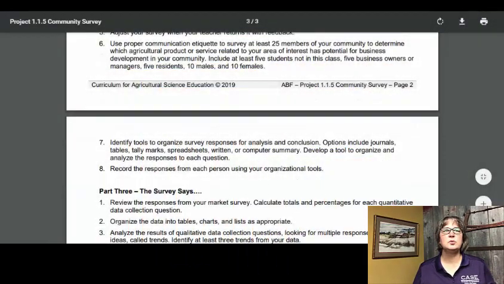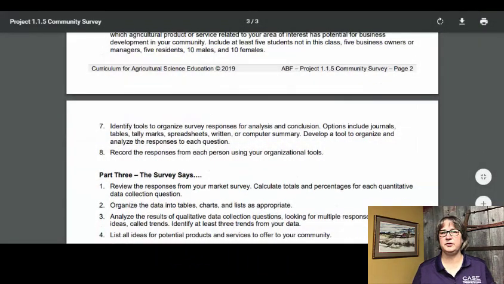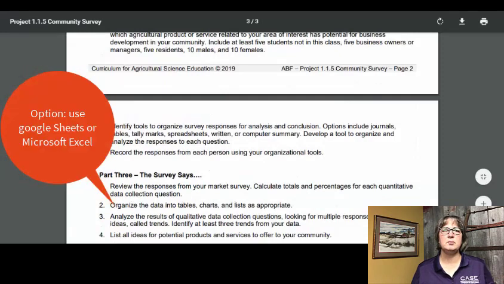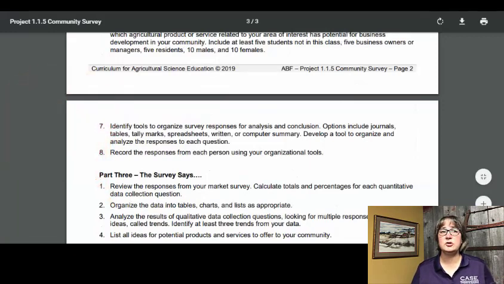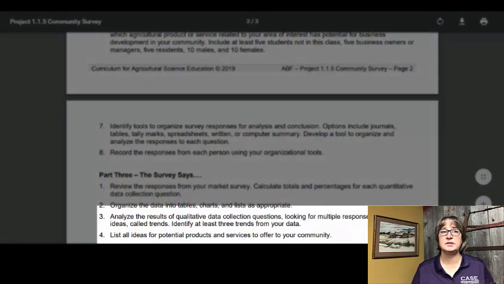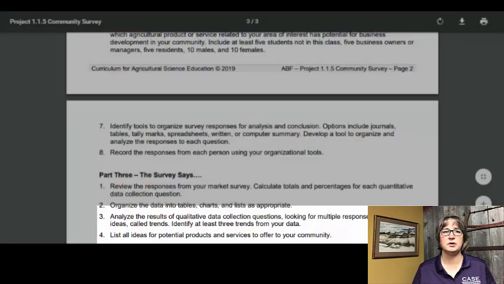In Part 3, the survey says, students will analyze the data collected from their surveys. Google Sheets and Microsoft Excel are powerful tools that can be used by students to organize data into tables and charts. If you're unfamiliar with these programs, many free resources are available online using a simple internet search. Finally, students should identify 3 trends from the data and select one product or service they could offer to their community.